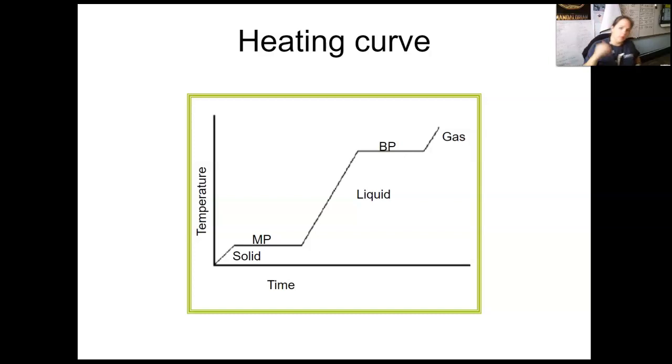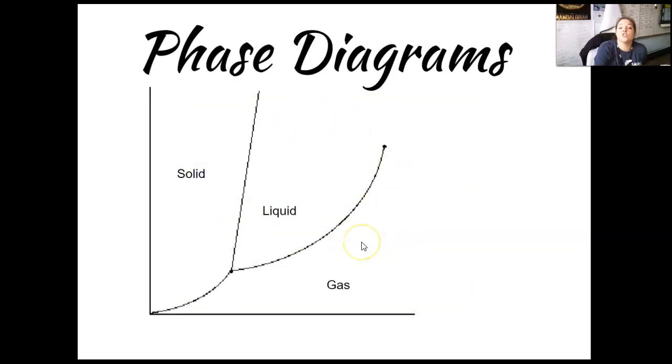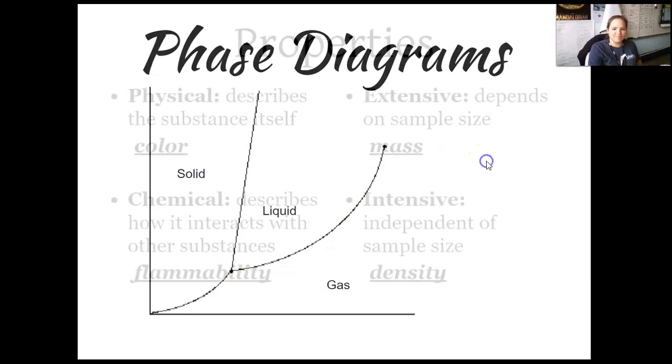We'll go into that when we get to entropy. Here's a phase change diagram. As pressure increases, it becomes a solid. As temperature increases, it becomes a gas. And at some point, they become all three. We'll get that in a different lesson.